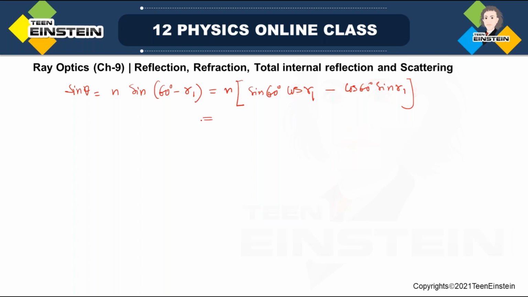Now look, with this we can put the values. Let this n be there, so this is root 3 by 2 cos R1, and this is half sine R1. Okay, this we can write, isn't it?